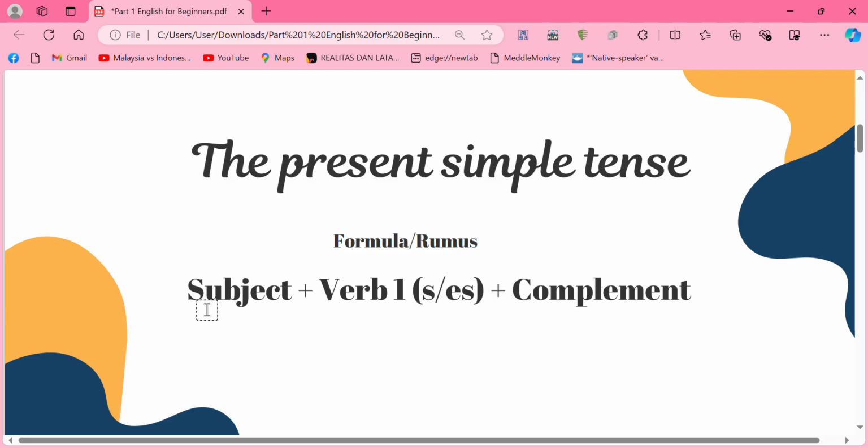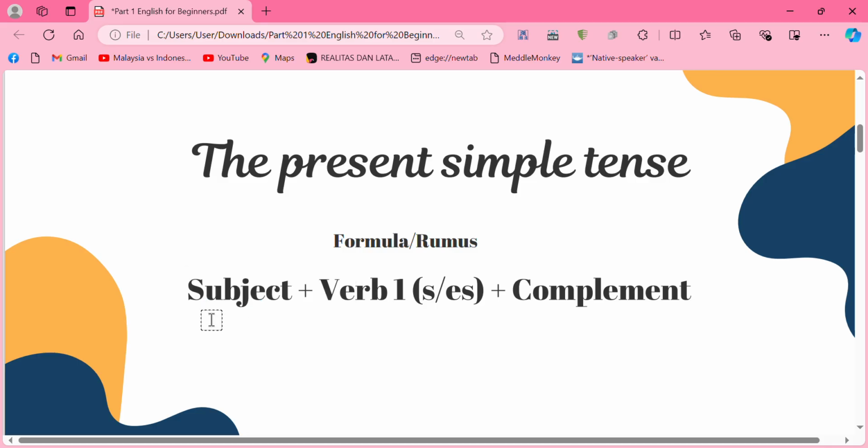Jadi subjek ditambah dengan verb satu atau s dan es, ditambah complement atau pelengkap. Apa itu subjek?